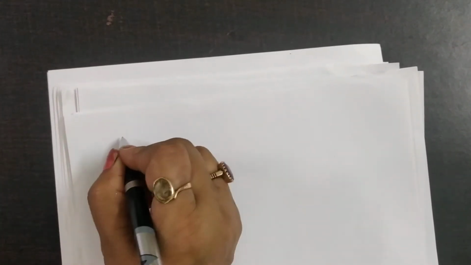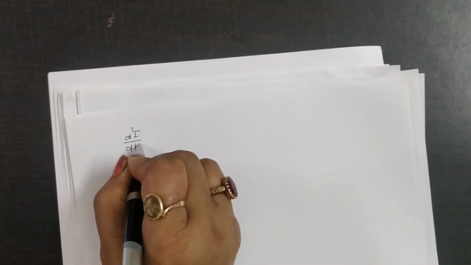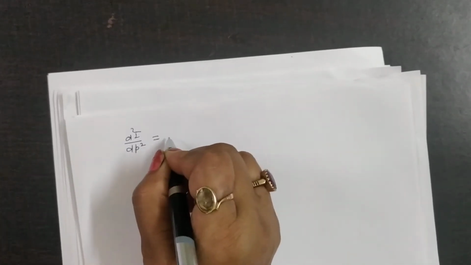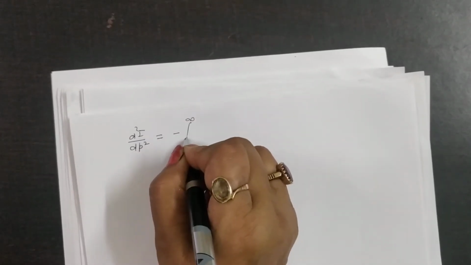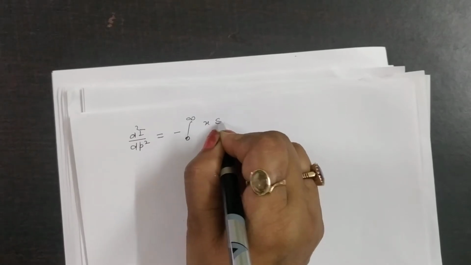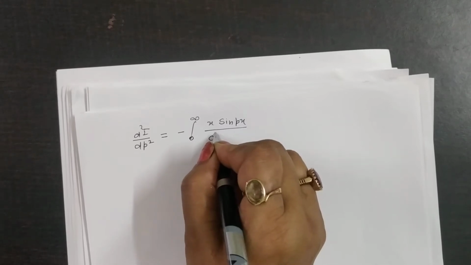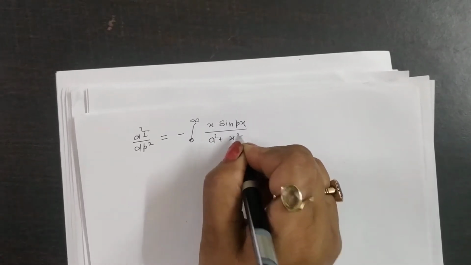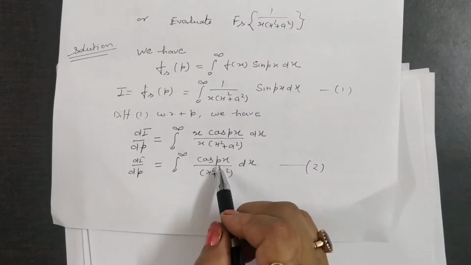Again differentiating this equation, we get d2I by dp2 is equal to minus the integral from 0 to infinity of x sine px divided by a square plus x square dx, because we are differentiating with respect to p.